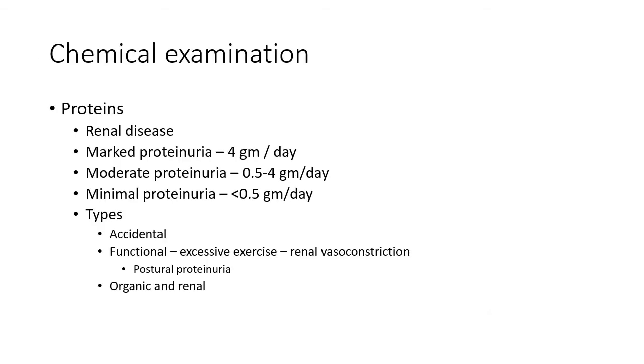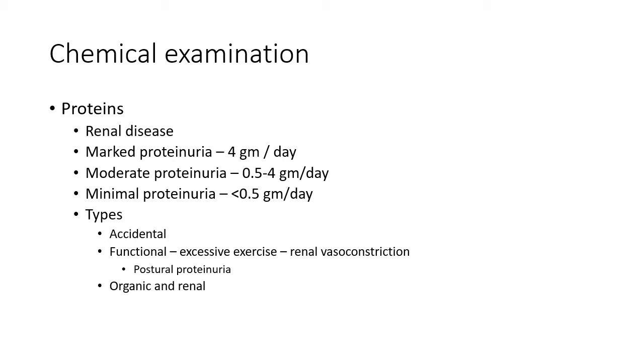Moving on to chemical examination, it includes examination of proteins, sugar, ketones, bile and bile salts, and blood in the urine. Coming to examination of proteins, usually only a very small amount of protein is excreted in urine. Excretion of increased amount of protein in urine is called proteinuria, and this is one of the single most important indicators of renal disease.